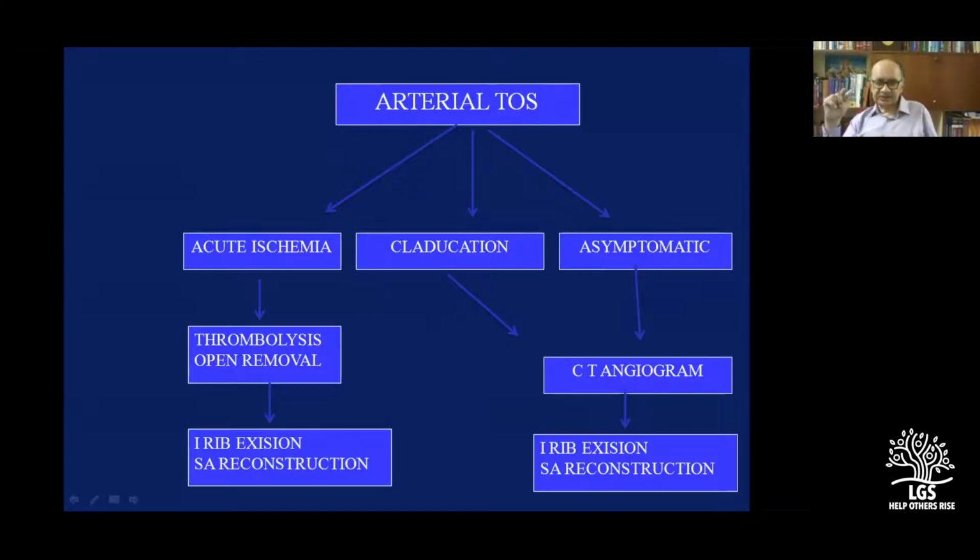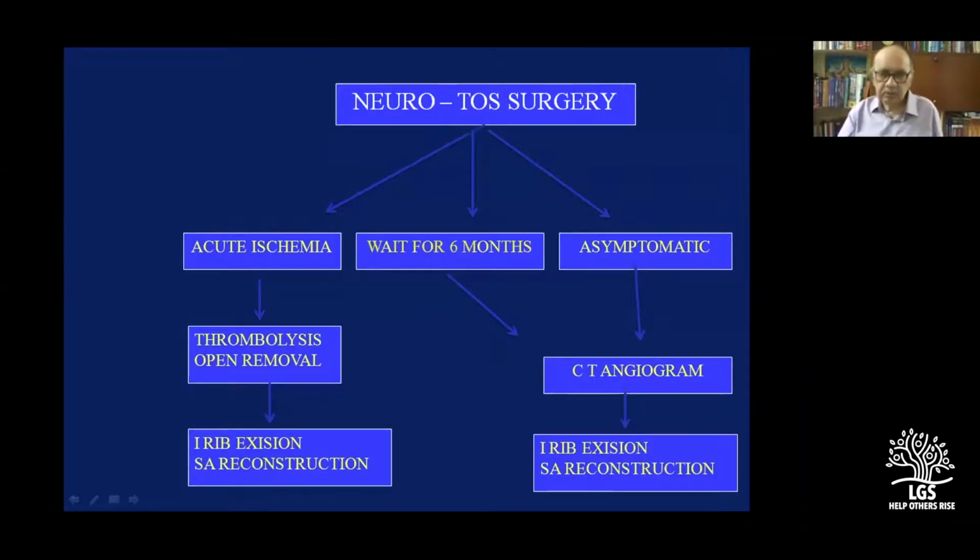Transaxillary first rib excision can be intrapleural, intrathoracic groove, or transaxillary. I will show you. For neurogenic TOS, wait for 6 months; if asymptomatic, CT angiogram, first rib excision, reconstruction.